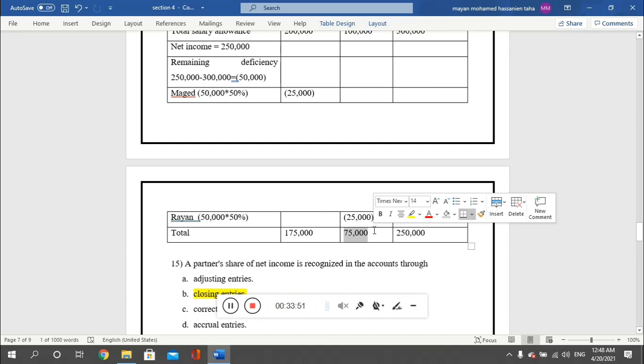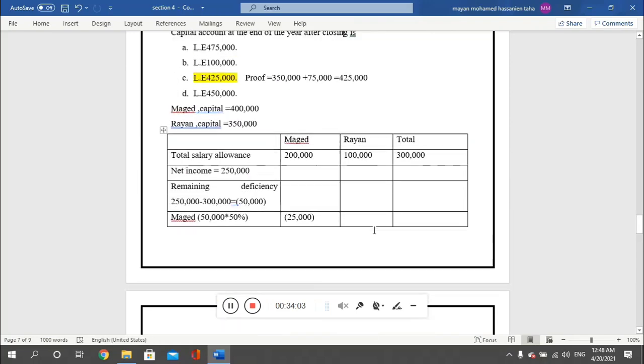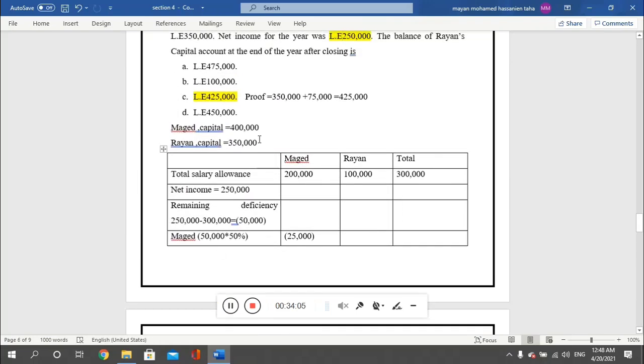So 350 plus 75, it will be 425, and this is the ending balance for capital for Ryan after the year ended. So our proof from the table, and we will choose number C as we said before.